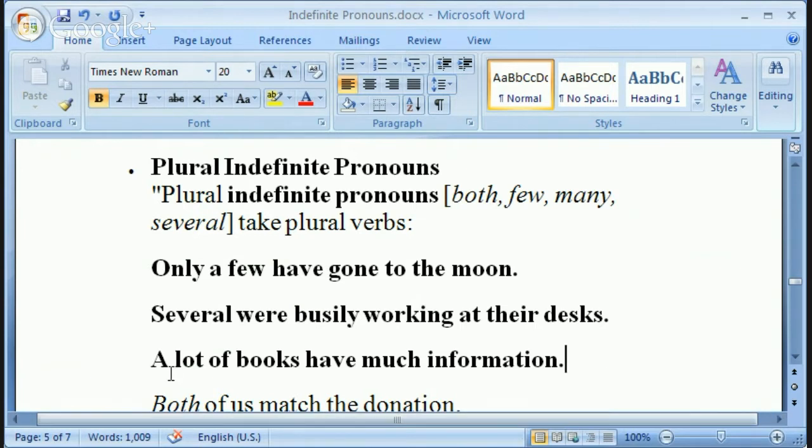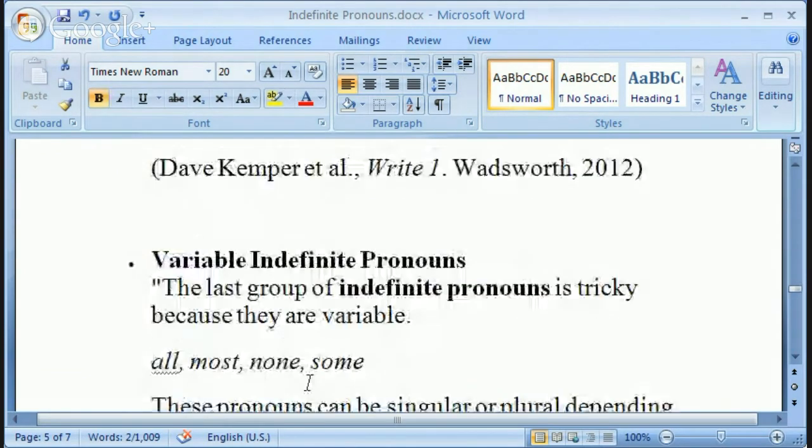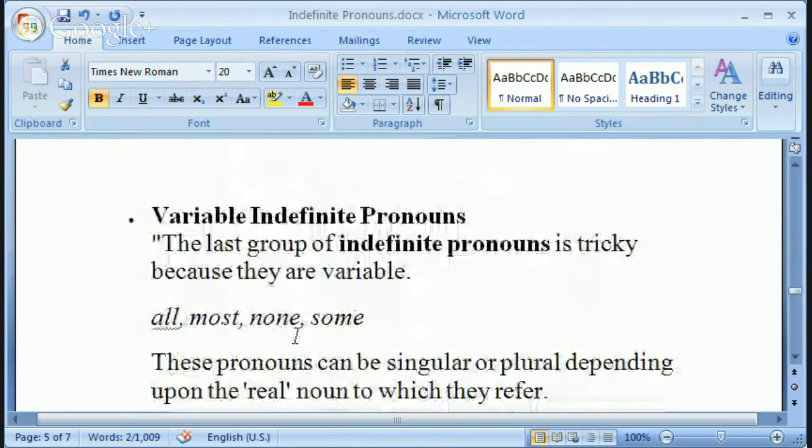Now, a lot have. Okay, they have much information. You're getting ahead of the class, Alejandro, because we're going to be looking at that.